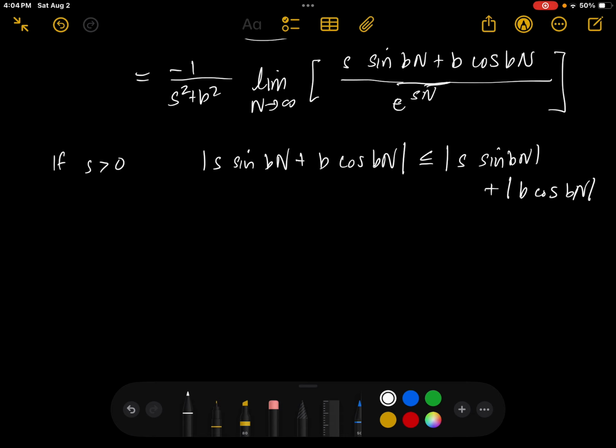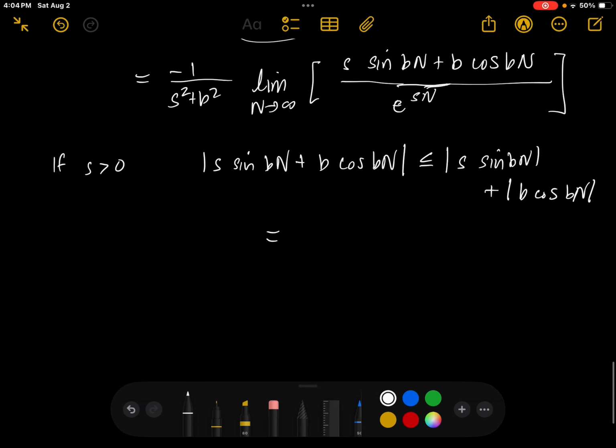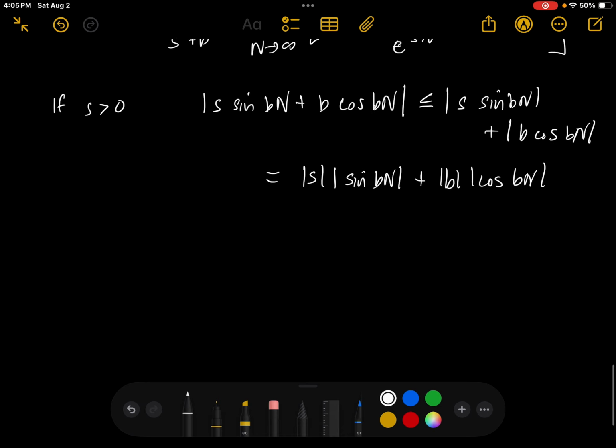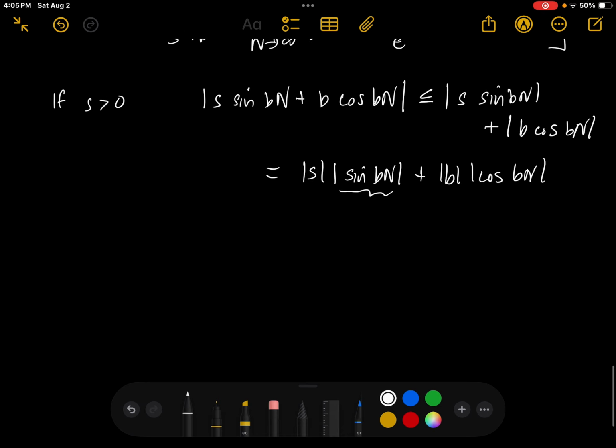That's just the fact about absolute values, that the absolute value of a plus b is less than or equal to the absolute value of a plus the absolute value of b. Now this we can split up as the absolute value of s times the absolute value of sine bn plus the absolute value of b times the absolute value of cosine bn, using another property, that the absolute value of xy is equal to the absolute value of x times the absolute value of y.